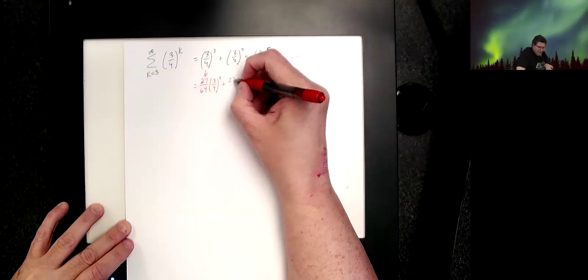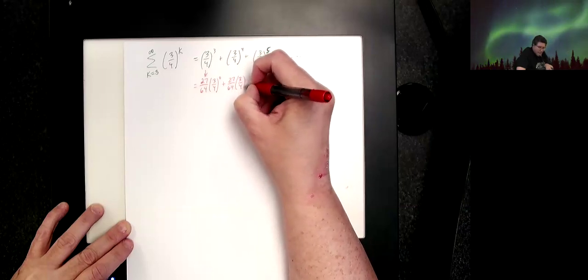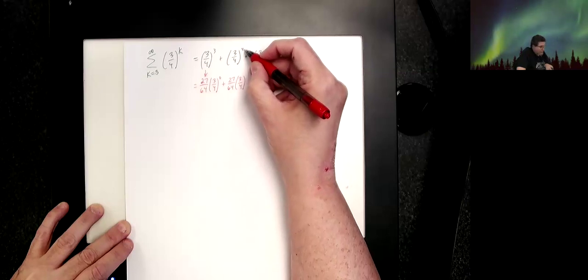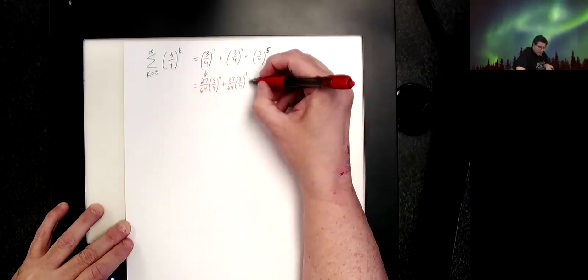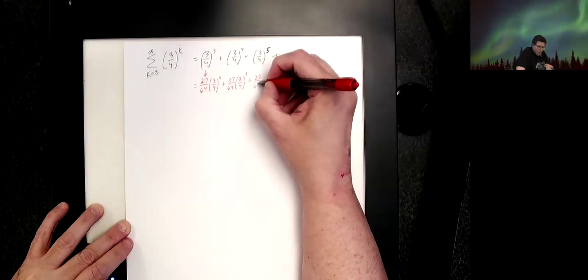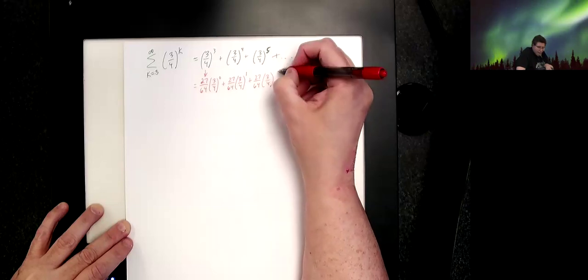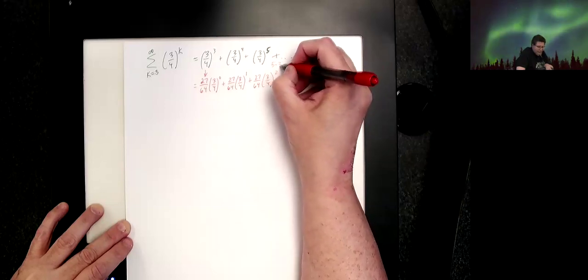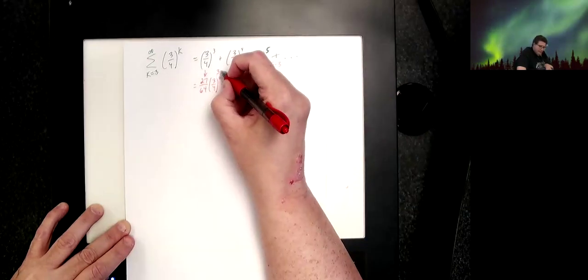Plus 27 over 64 times 3/4. I've already used up 3 of this 4, so I've got a 1 here. Plus 27 over 64 of (3/4) squared, which is 5 minus the 3. This is 4 minus 3. This is 3 minus 3.